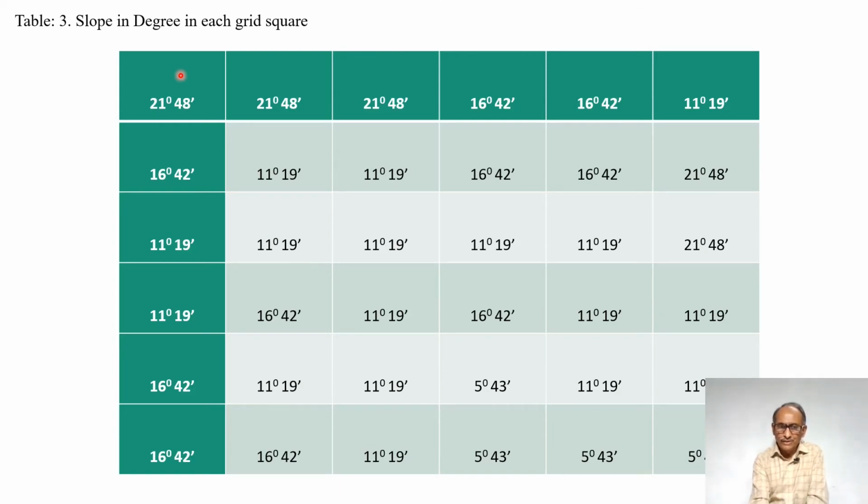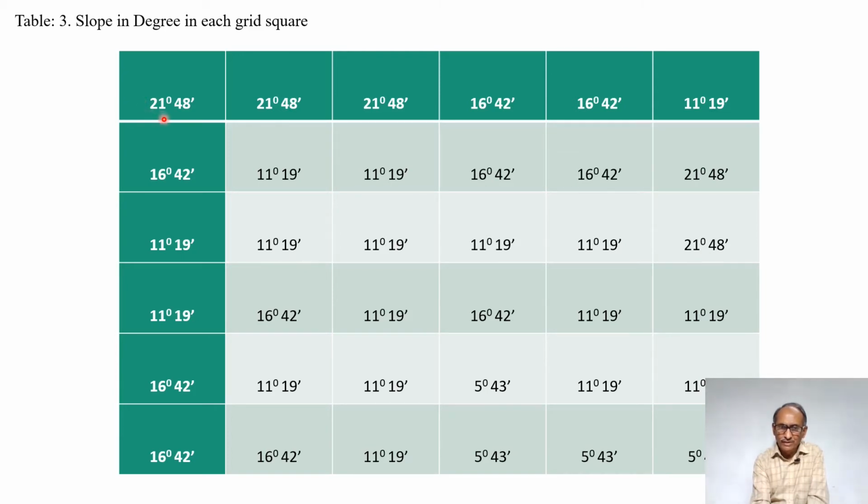According to the nature of the terrain, wherever you find that there will be steep slope, you can give more number of dots, and wherever you find that there should be gentle slope, you can give less number of dots. So that each degree will be represented by one dot.